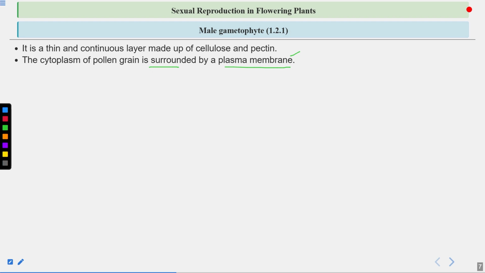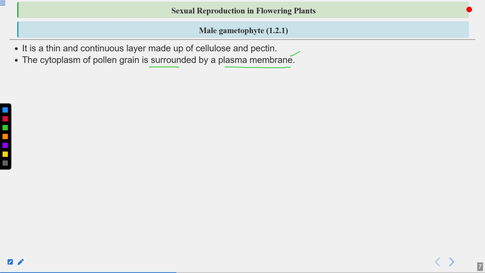So the cytoplasm is surrounded by the plasma membrane, the innermost boundary. Then comes the intine, which is made up of cellulose and pectin, a thin and continuous layer. Then the outermost, that is exine, made up of sporopollenin, and it is not a continuous layer because at some particular point the germ pores are present.